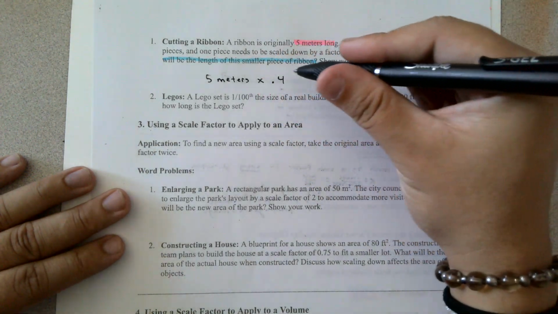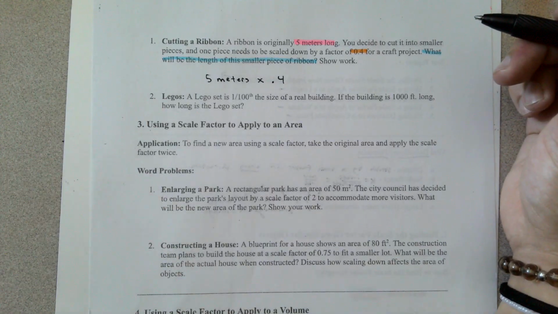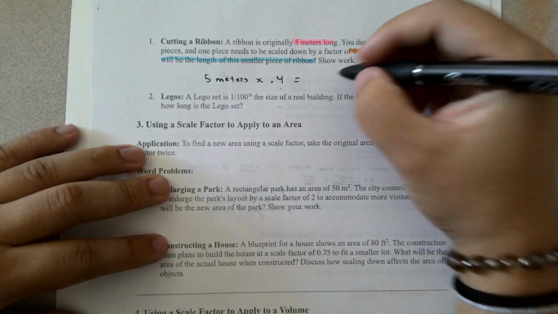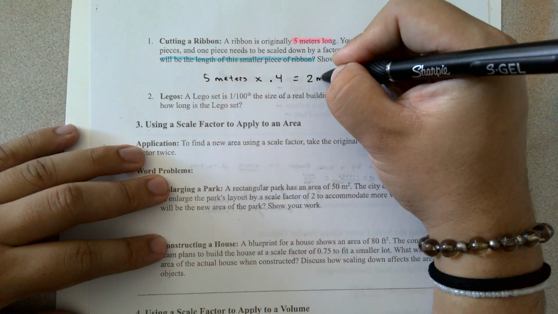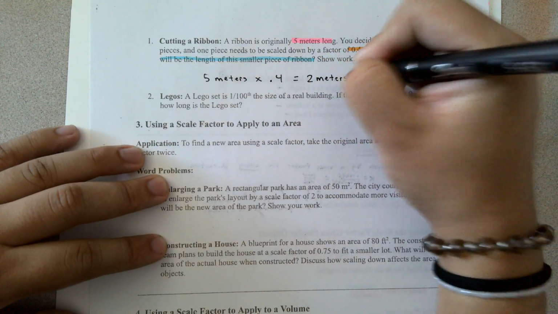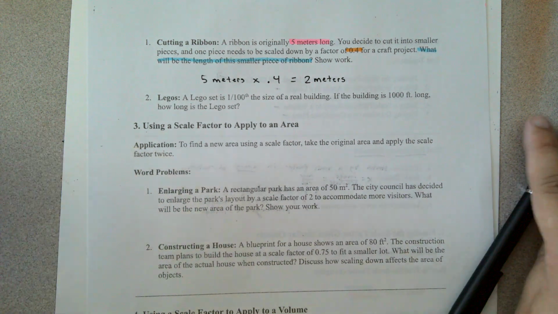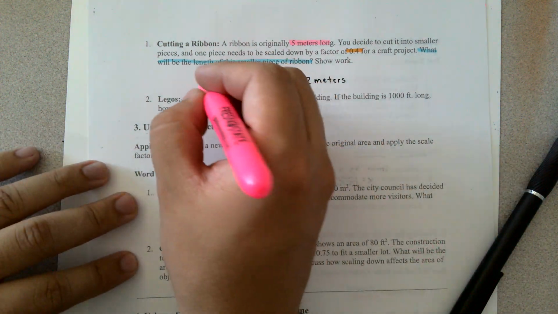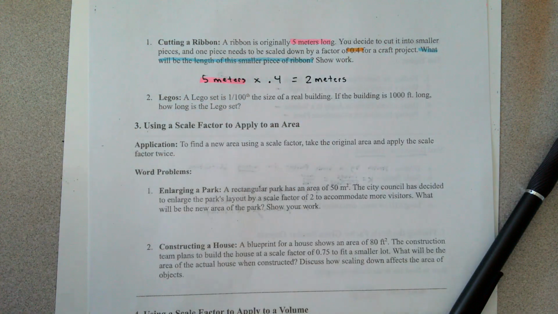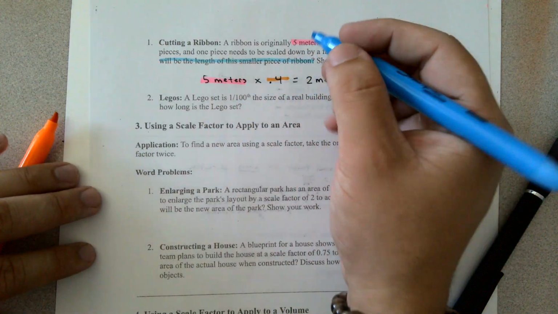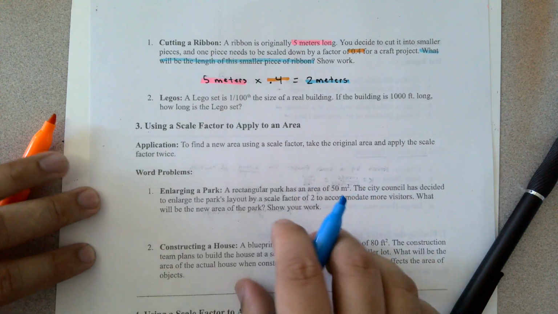It's a length, so I don't need to do any squares or cubes or anything else. I'm going to put this in the calculator. This is going to be 2 meters. We're done. 5 meters times the scale factor of 0.4 equals our 2 meters.